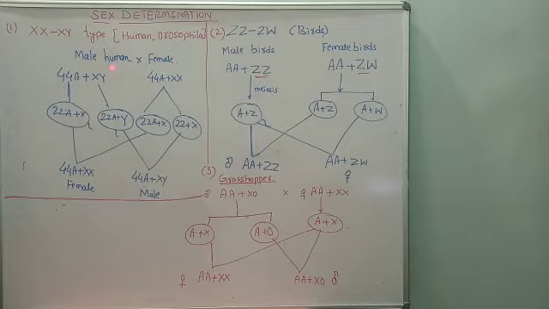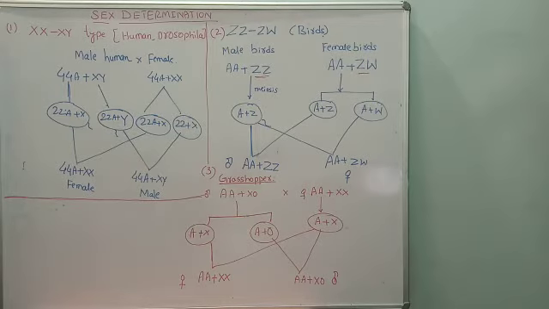Hence, the male is called heterogametic. So there is XX, XY type of sex determination. The examples are human and Drosophila. These two organisms show XX, XY type of sex determination.